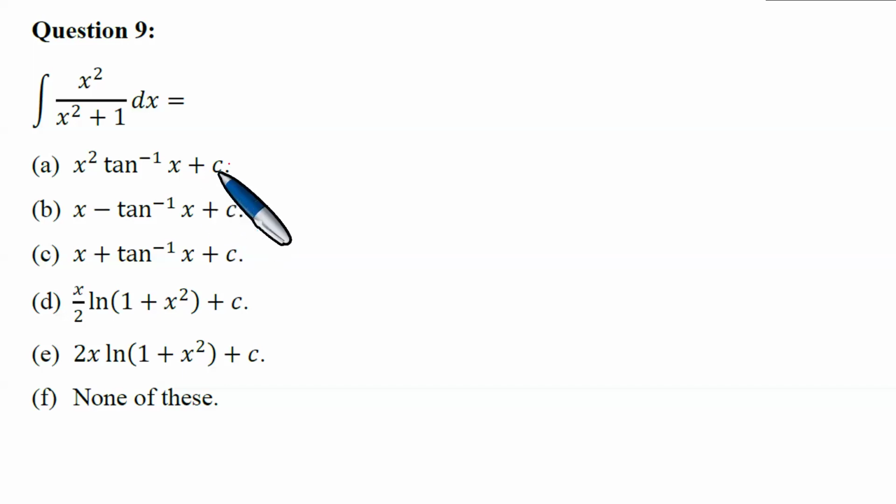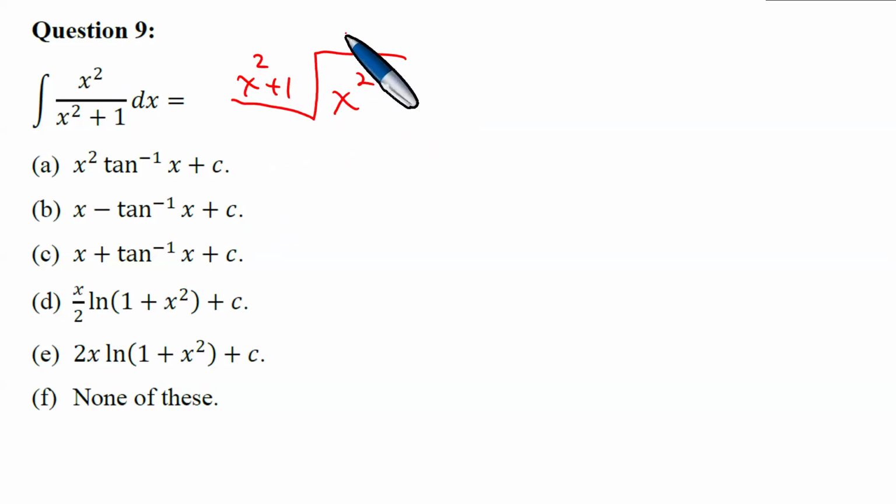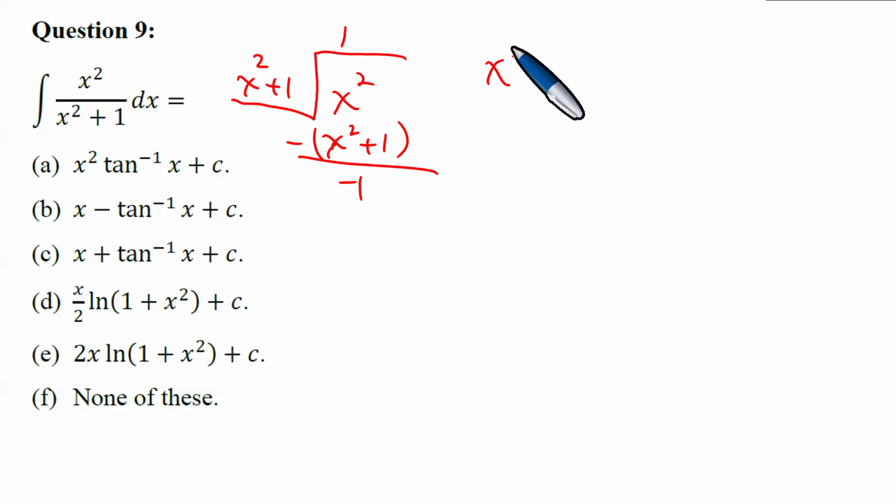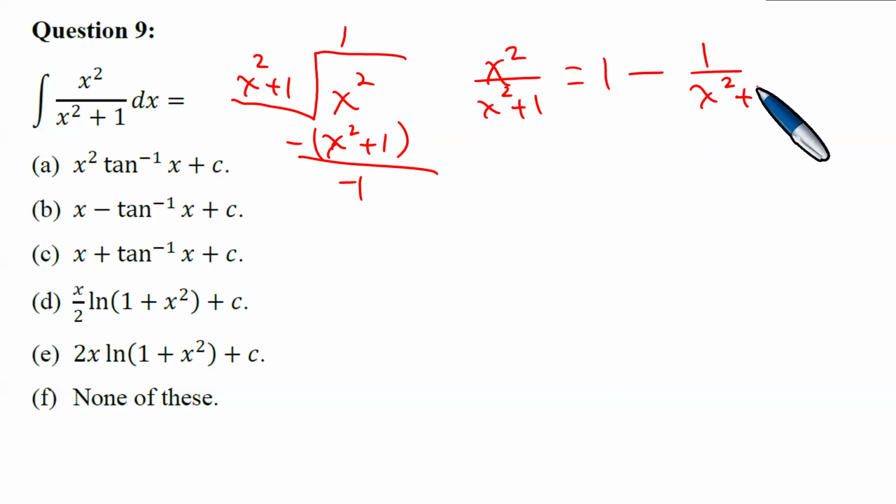Right, a couple of things you need to take into account. Now, if the degrees are the same, or if the numerator is a higher degree, we perform division. So you're going to say x squared divided by x squared plus 1. x squared divided by x squared is 1, times x squared plus 1, which gives this.